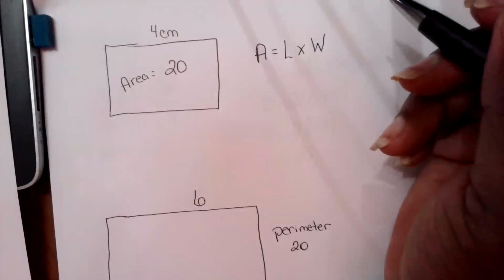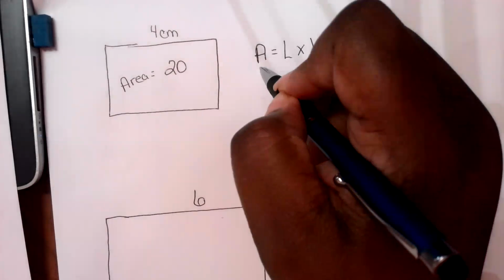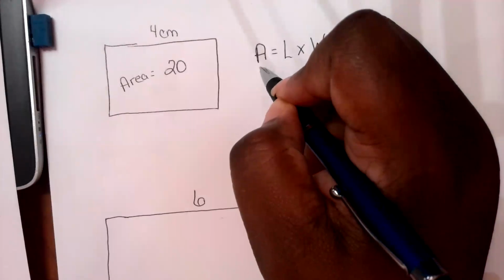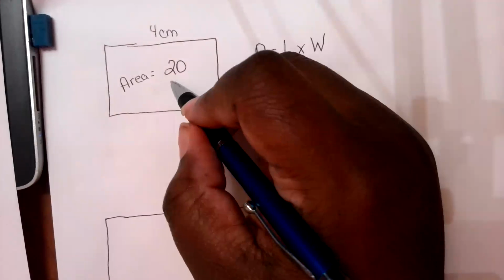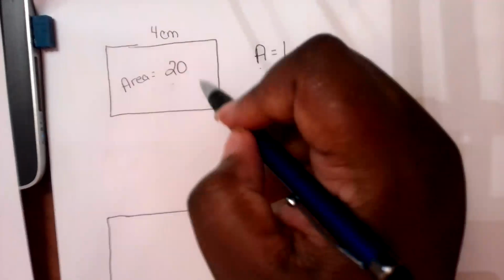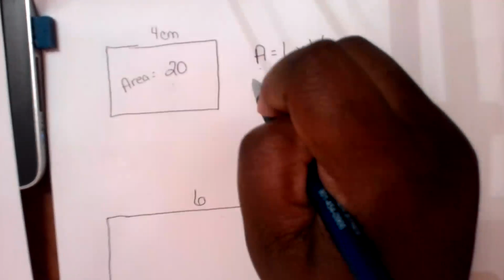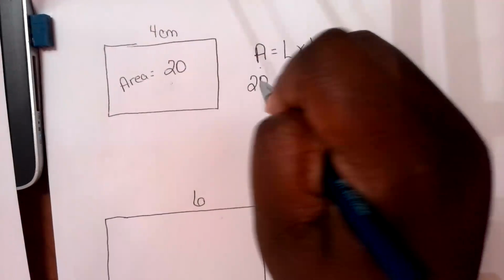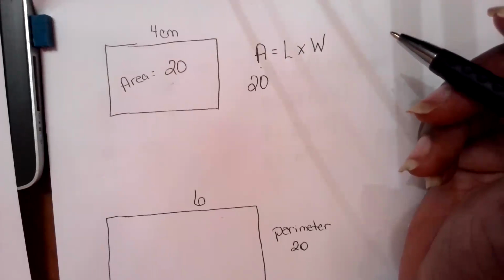And now I'm going to just input the information that they did give me in place of the variables. So area is, we haven't been filling out area because they asked us what the area is. But now they gave me the area. They told me the inside of this rectangle holds 20. So instead of A, I now have 20 there because it's not unknown. I know my area is going to equal 20.